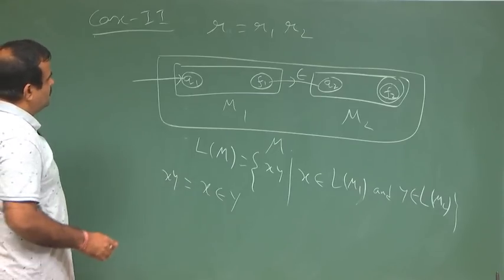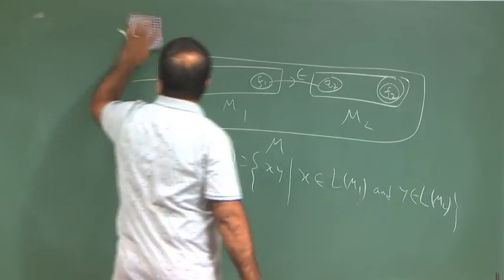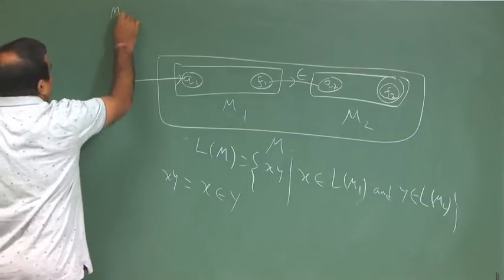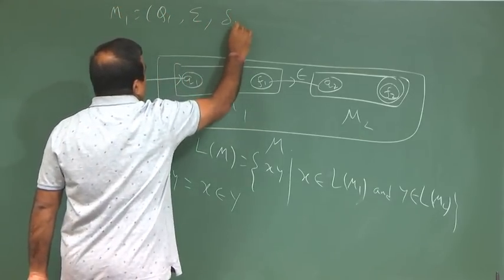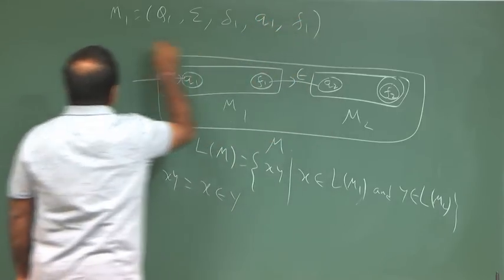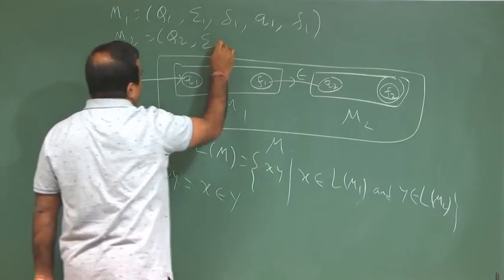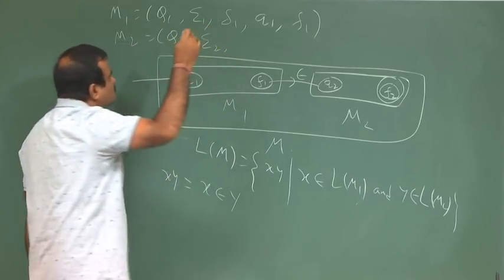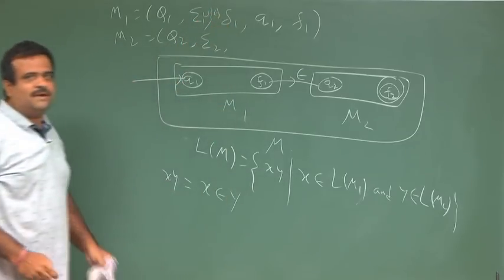Now, here also we can formally define this M with the help of M1 and M2. So, if M1 is Q1, sigma 1, delta 1, Q1 and F1, and if M2 is Q2, sigma 2, delta 2, Q2 and F2, we could take the same alphabet or different; if it is the same it does not matter, we can take the union.